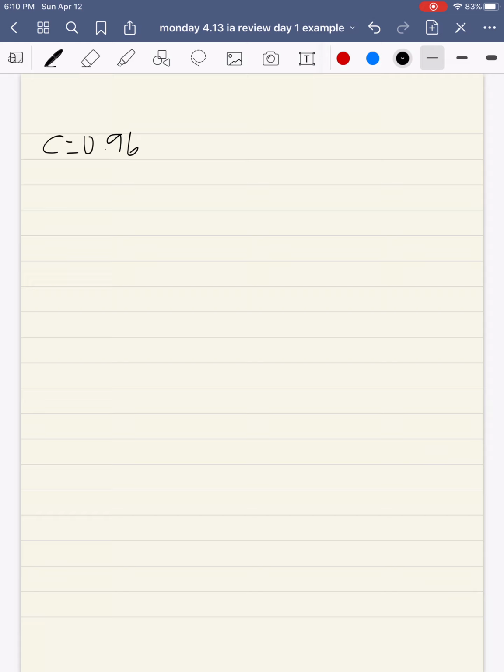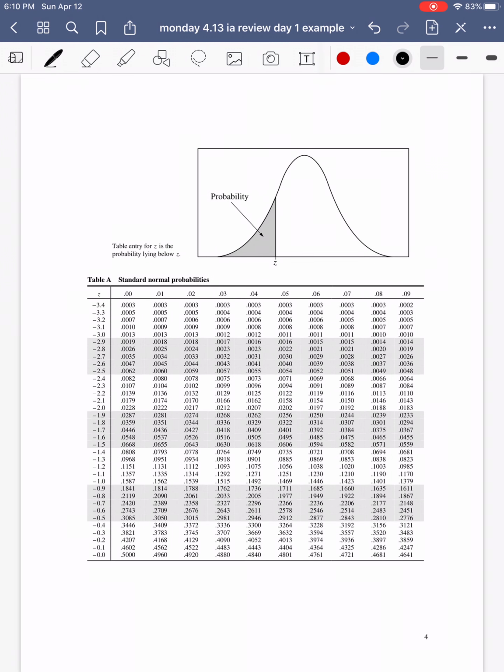In order to do that, we need to do 1 minus 0.96, divided by 2, and that's going to give us 0.02. Now I want to look on my Z table and find this percentage. Because this is a percent, I need to look in the middle. Looking for 0.02, the closest that I can get is between 2.05 and 2.06.